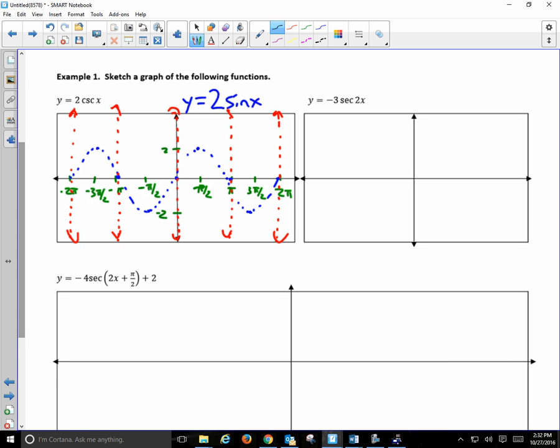Now I'll draw the U things. So the black part is my actual graph.